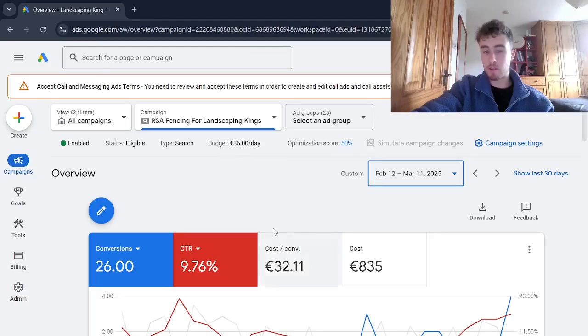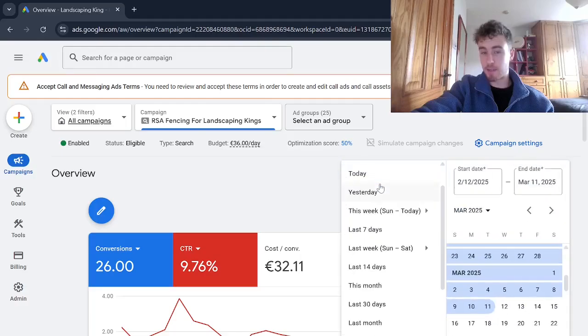And we had set, which we'll touch on in a minute, of how to set your target CPA, we set the target CPA to about €40 just because I know our actual cost per conversion was €32, but we didn't want Google to stop spending our budget because we were being too aggressive with our bid. So we were being as flexible as possible, but still had a target CPA from the beginning.